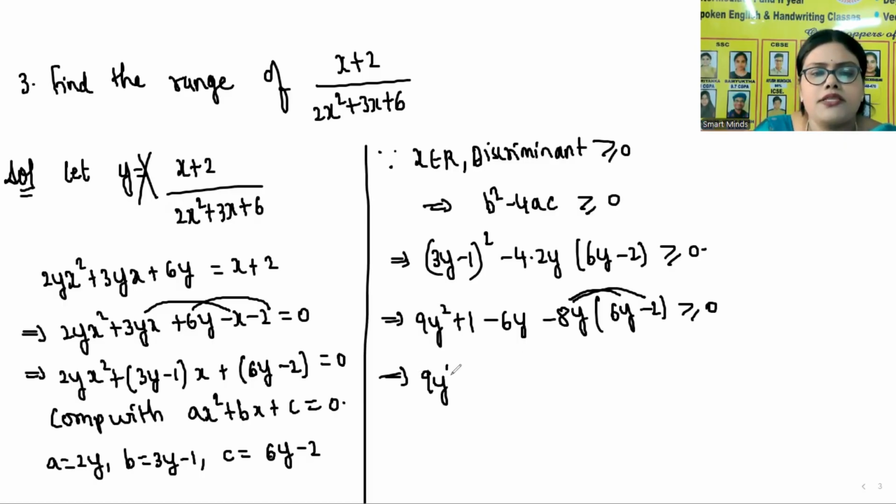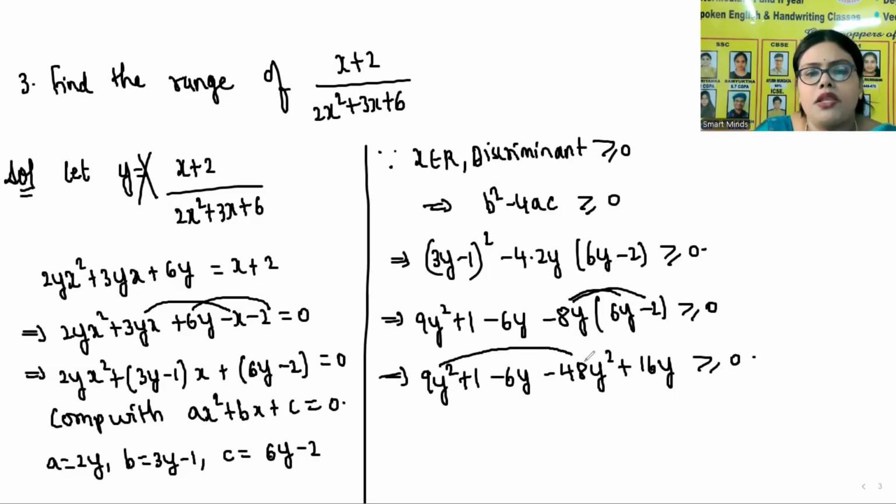So 9y square plus 1 minus 6y minus 48y square plus 16y greater than or equal to 0. What is 9y square minus 48y square? That is minus 39y square. Minus 6y plus 16y is plus 10y, plus 1, greater than or equal to 0.